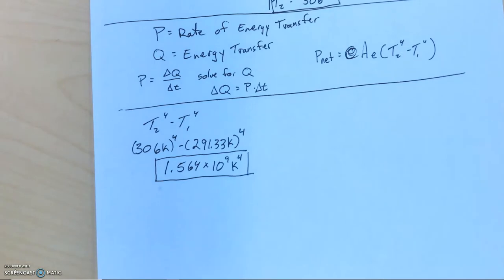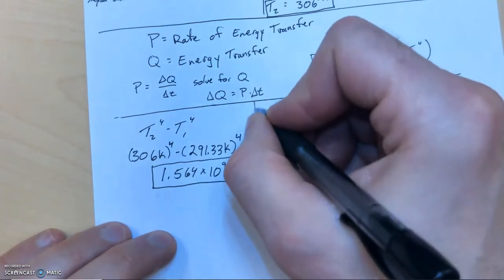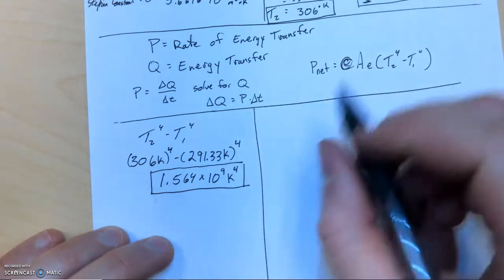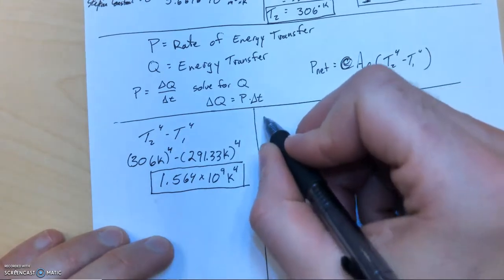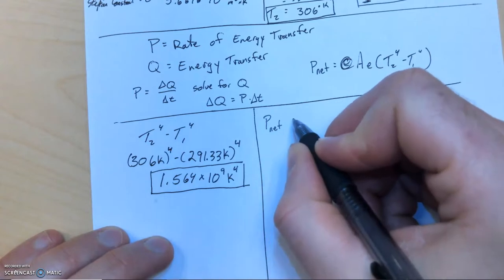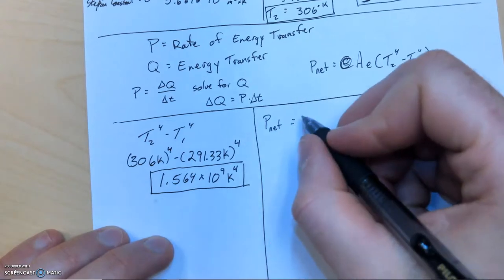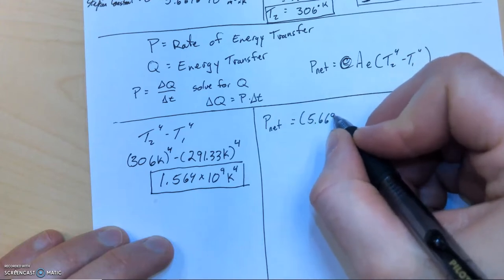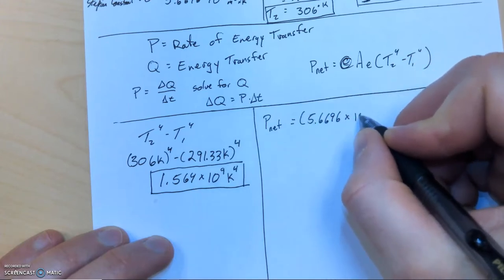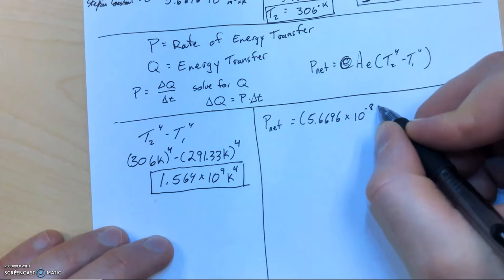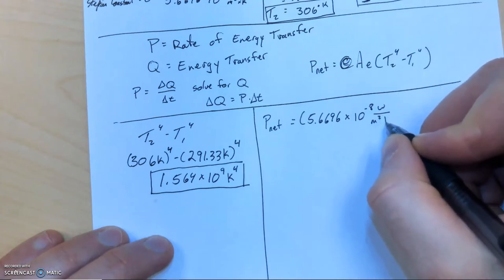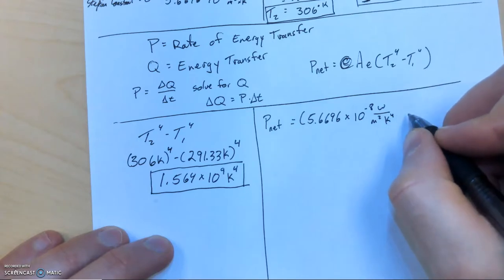All right, let's put down our P net. So we'll just come over here. So here's our P net formula. Let's do some substitutions. So P net is going to equal Stefan's constant, 5.6696 times 10 to the negative eighth. That's going to be watts over meters squared Kelvin to the fourth.